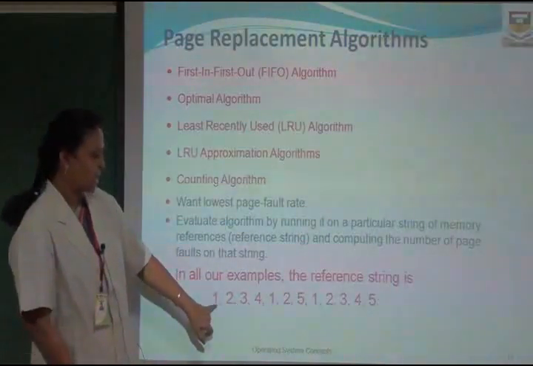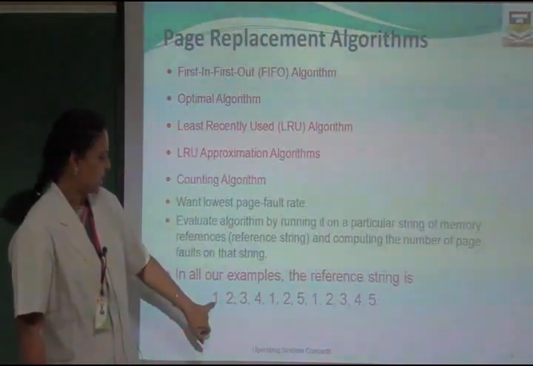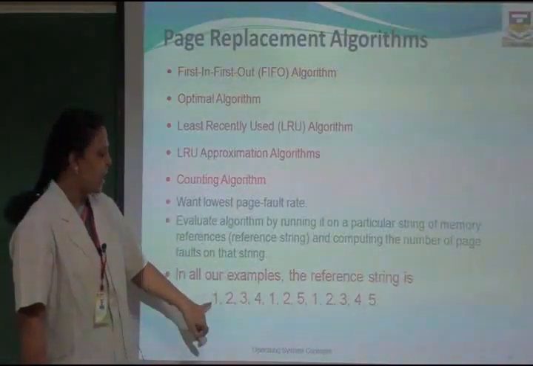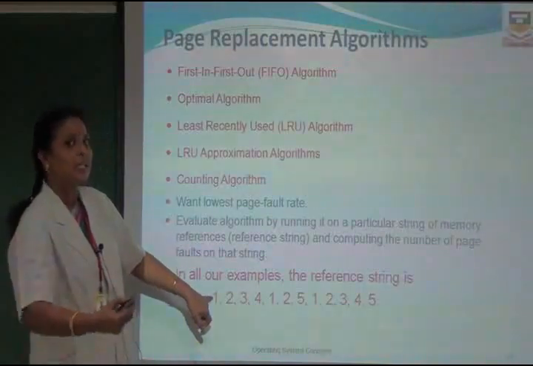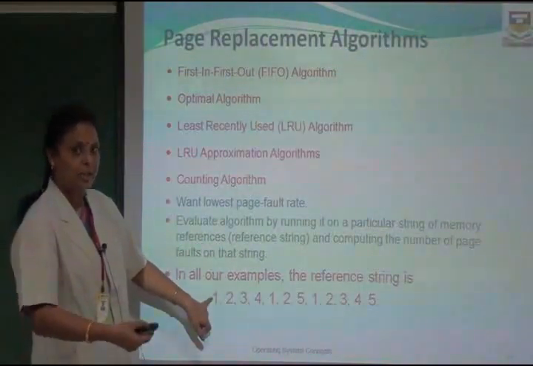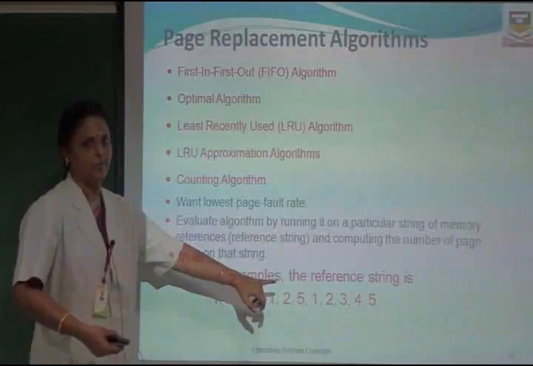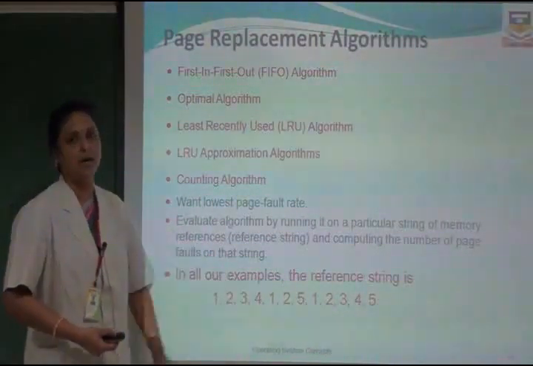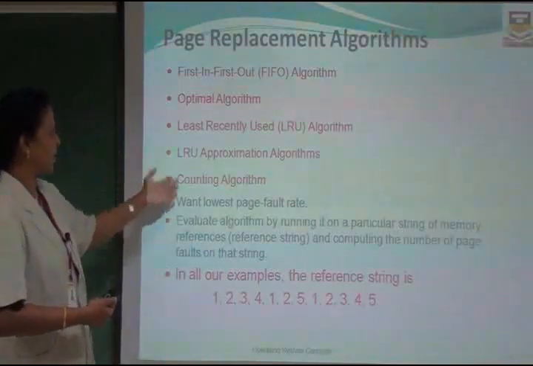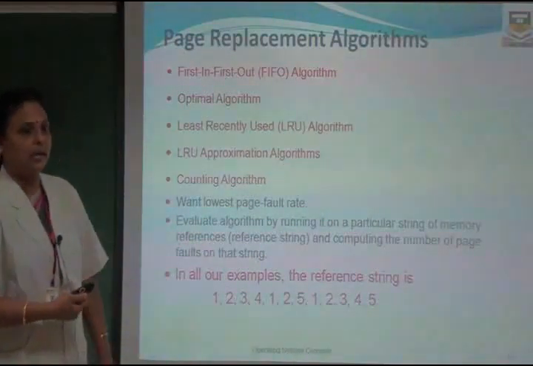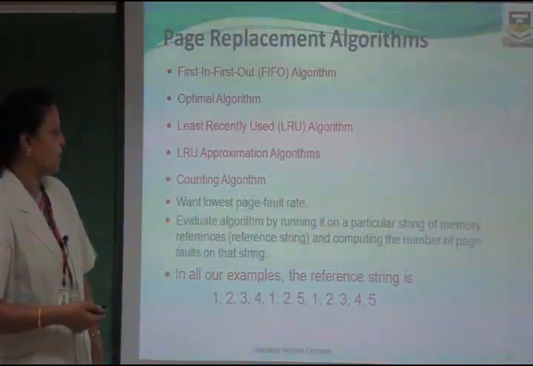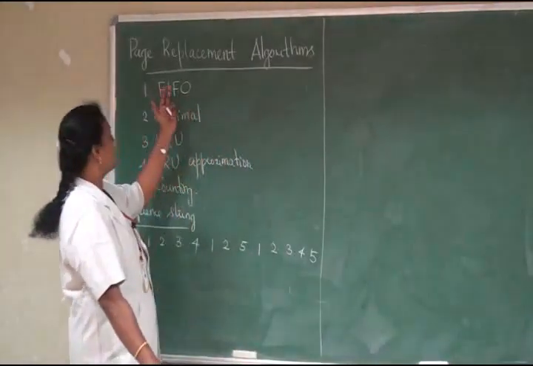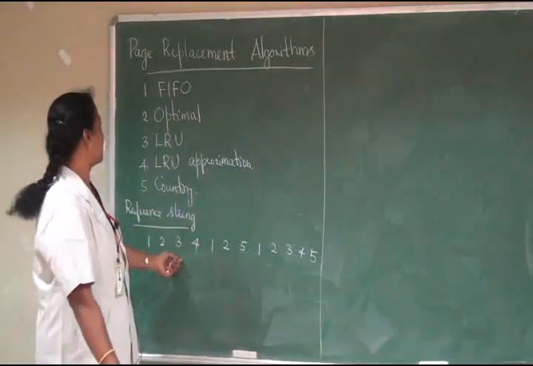Let us assume there is a file containing 5 pages, 1 to 5, and that particular file is executed in such a way that it will be accessing the pages in this order. So I will explain these algorithms by using this example one by one.